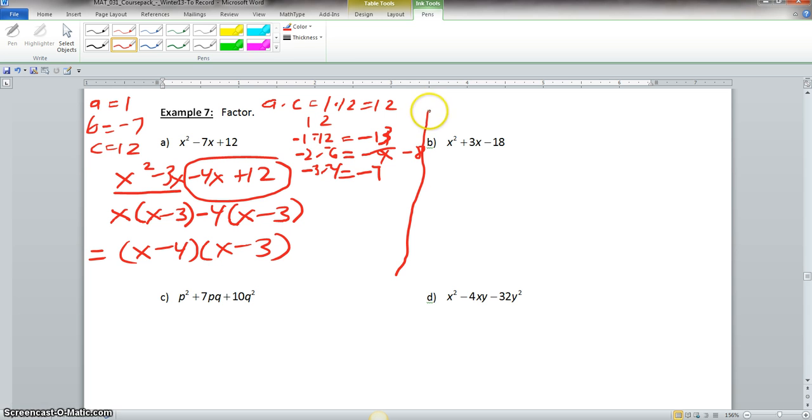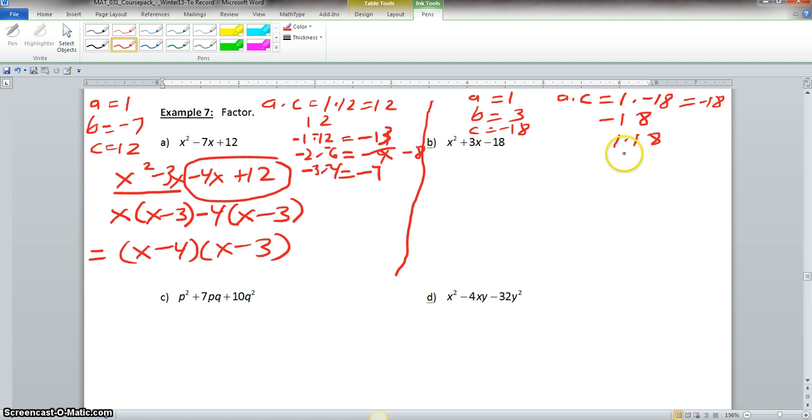Okay, now we go over here to B. We have our A, B, and C. A is 1, B is 3, and C is negative 18. Now we multiply A times C, which we know would be 1 times negative 18, which is negative 18. Now we find the factors of negative 18, so we do 18 first.